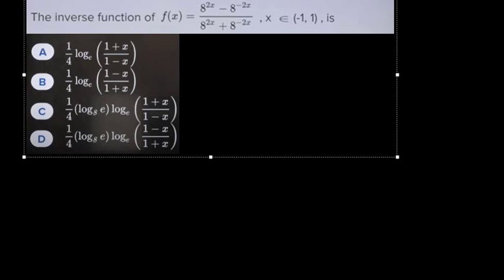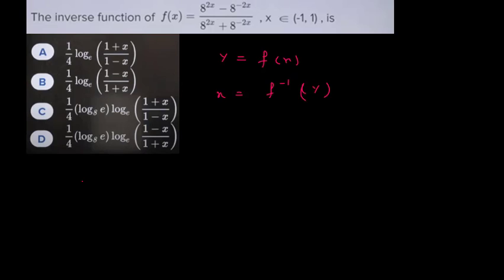Now what will be your approach, how do you find the inverse function? If you remember, whenever we have to find the inverse function, we replace f(x) with y. So y equals f(x). When you say y equals f(x), your x will become f inverse of y.